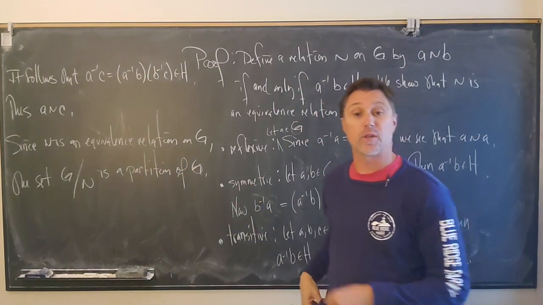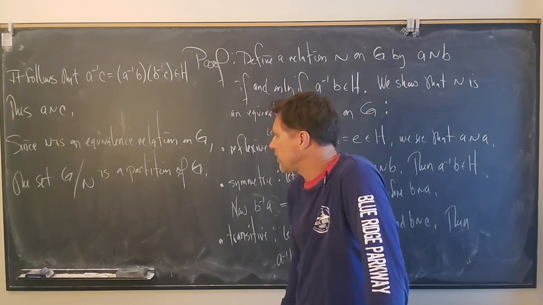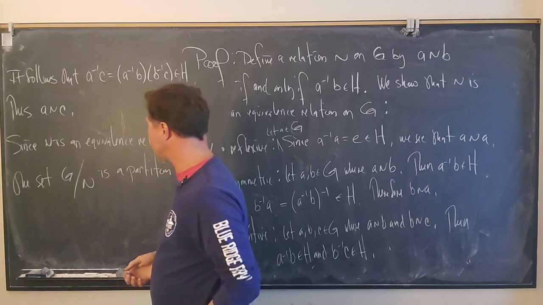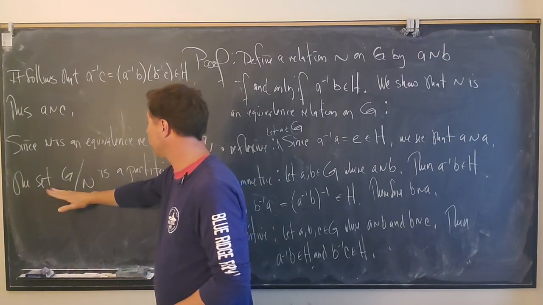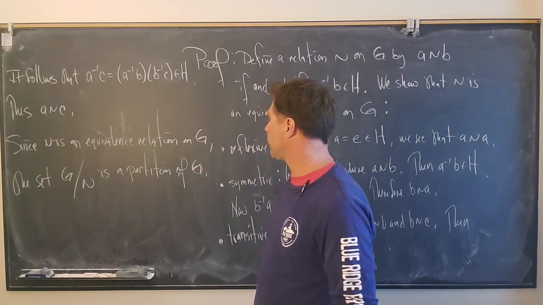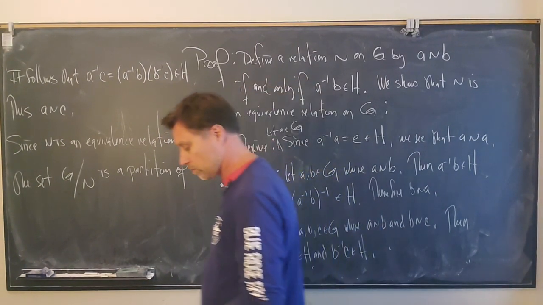That's what we're trying to show, that the cosets form a partition. And what we know from general nonsense in Math 248 is that the set of equivalence classes, G mod tilde, is a partition of G.